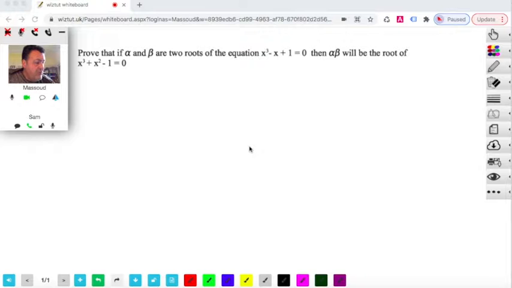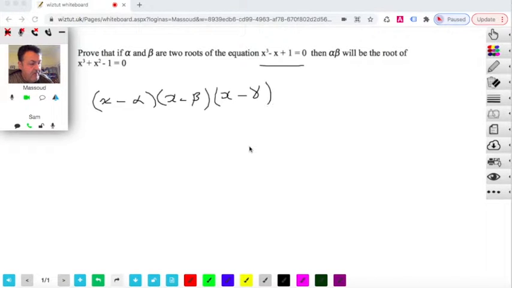I'm going to assume that the first cubic could be factorized to (x minus alpha)(x minus beta)(x minus lambda). And so we're assuming that there are three roots here.